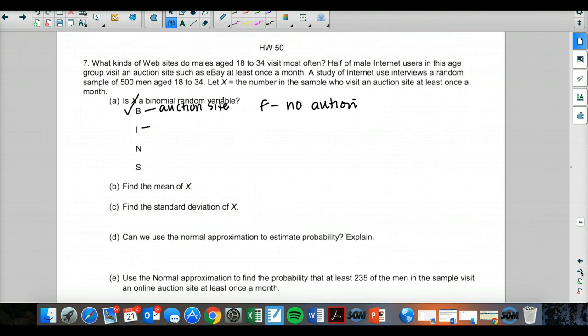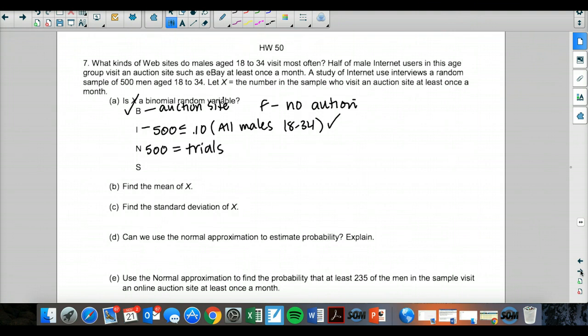So that's yes. Each is independent, so we can guess that each male is independent, and 500 is less than or equal to 0.10 of all males 18 to 34, so I'm happy with independence. N, so we have 500 as our trials.